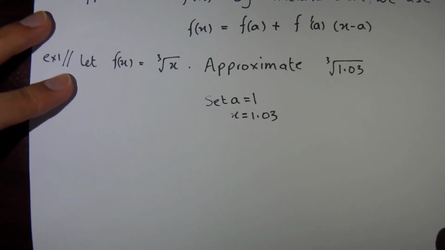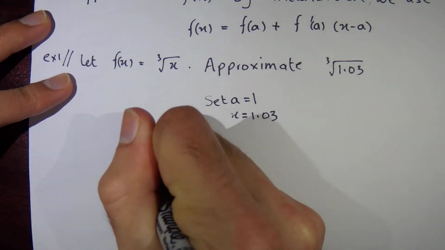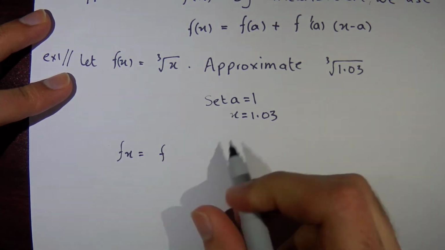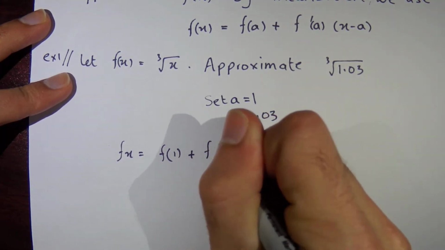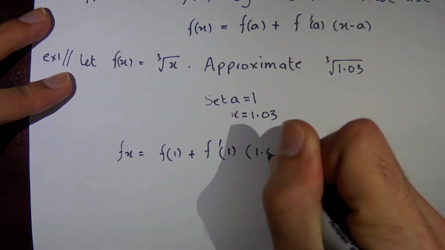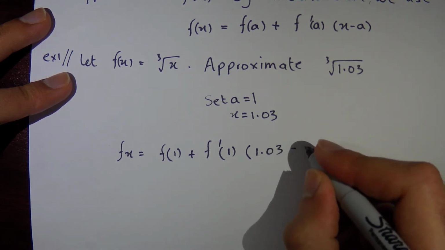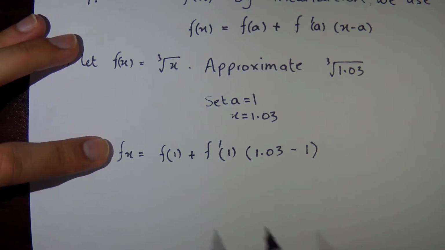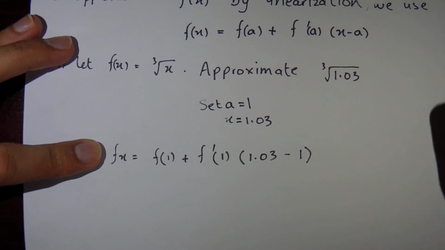Now we've got our formula right there, and we plug in. So f of x is equal to f at a, which we set as 1, plus f prime at a, multiplied by x, which is 1.03, the given value, minus a, which we had as 1. All that's left to do really is to find a formula for the derivative. We'll do that to the side right here.